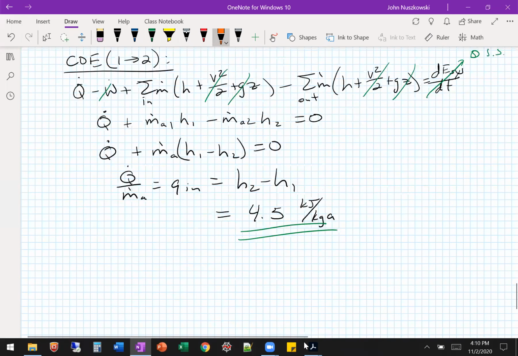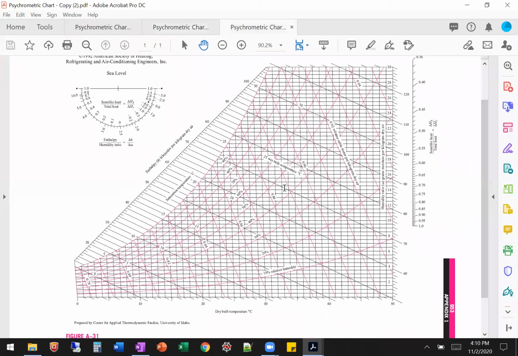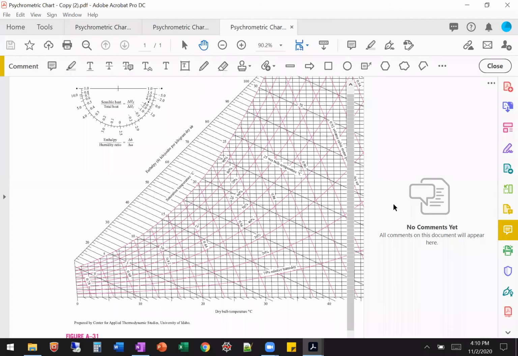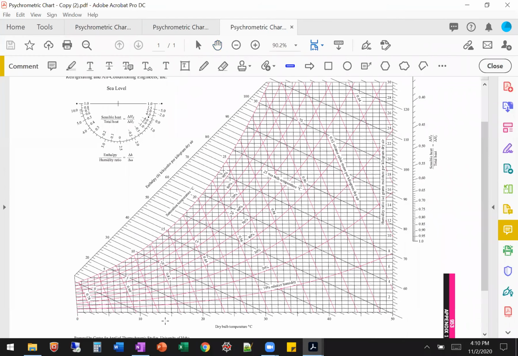All right, so let's do our chart. State 1, we have 15 degrees Celsius. So we have this vertical line.